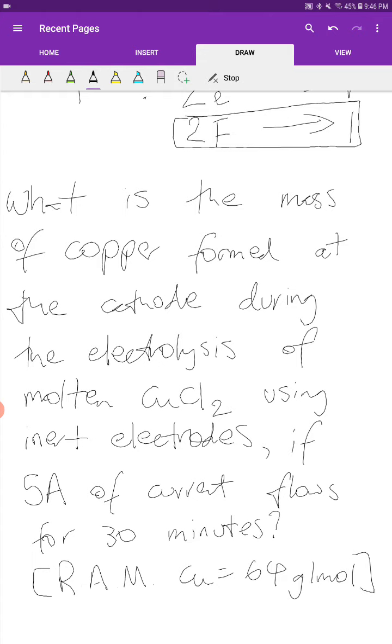So that's our question. That's what we are tasked with finding out. We want to find out the mass of copper that's formed at the cathode during the electrolysis of molten copper 2 chloride.